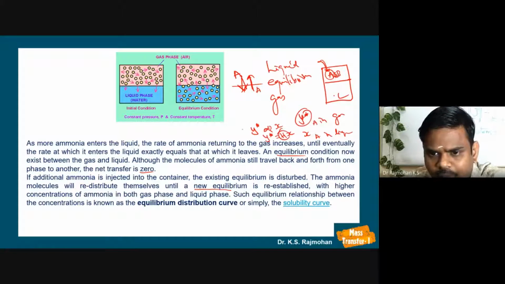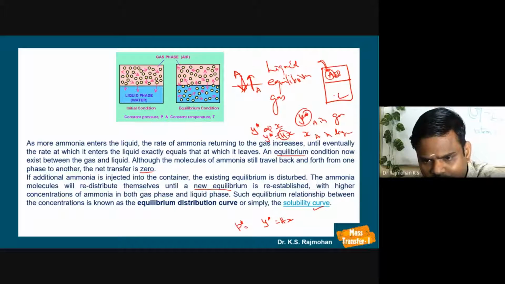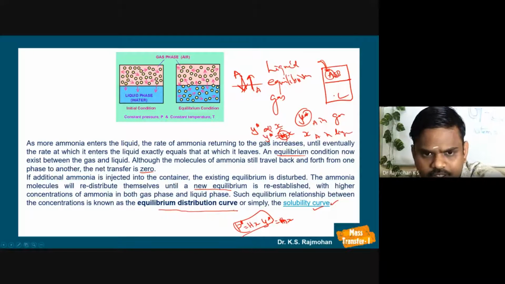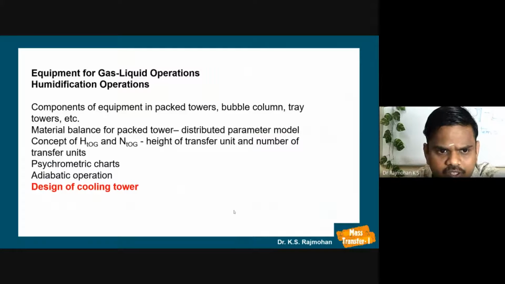The plot of y star versus x is called the solubility curve. As I said, y star equal to Hx or y star equal to mx or p star equal to Hx can be plotted. That curve is called the solubility curve or equilibrium distribution curve.